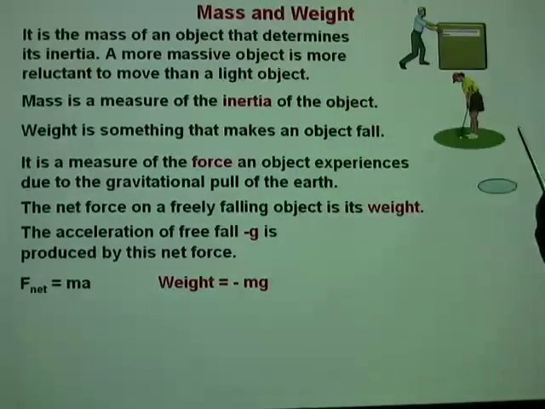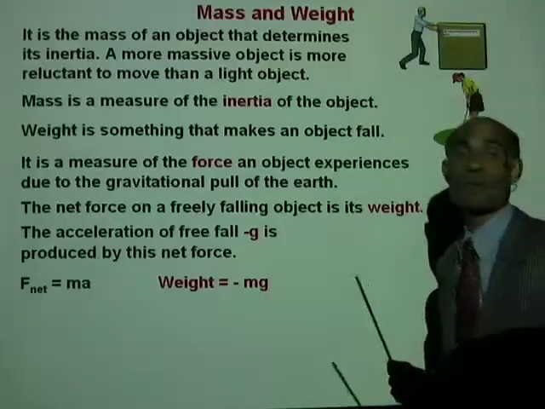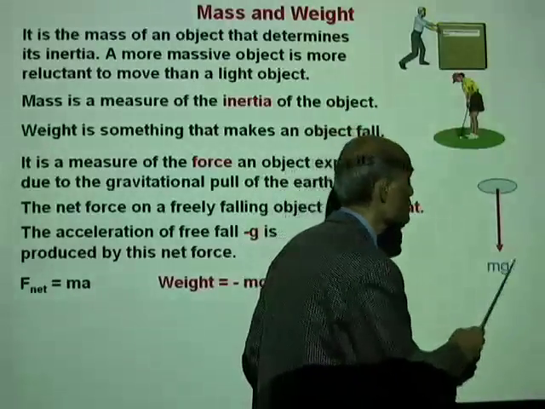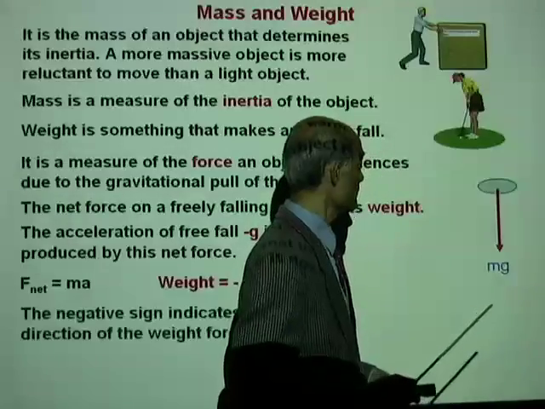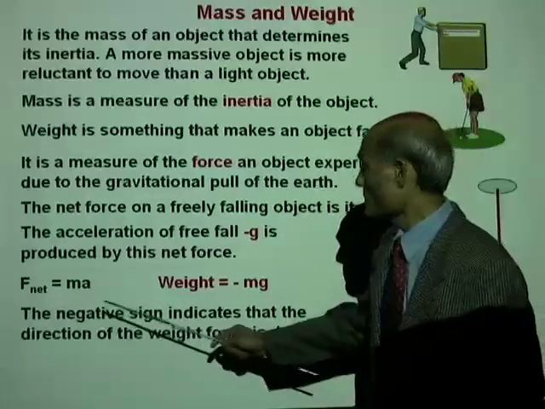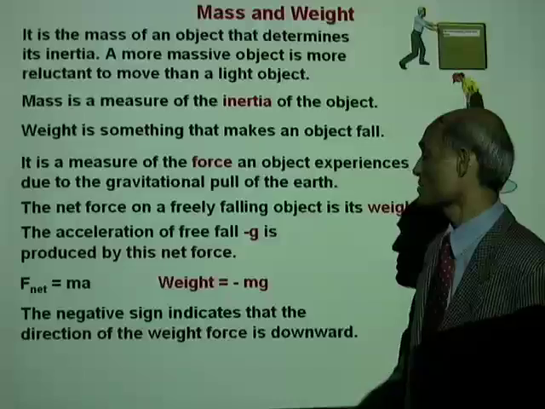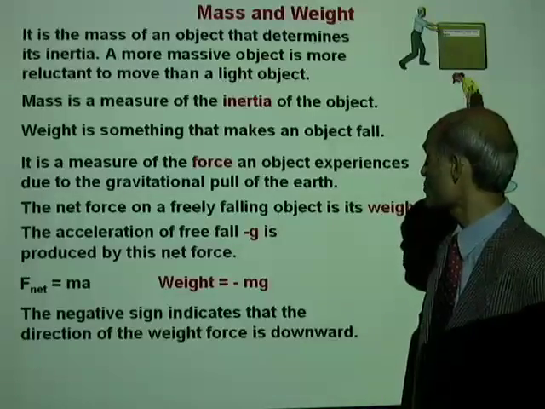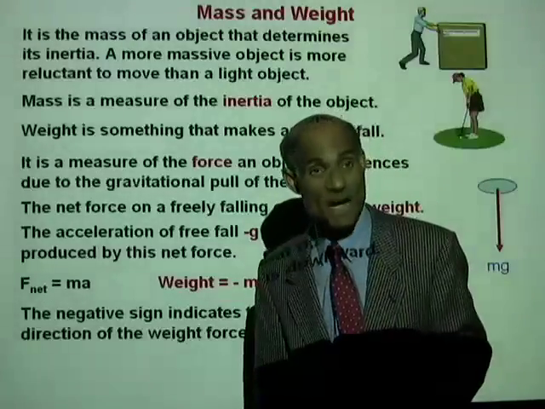So here, when it falls under the action of that net force, which is m times g, the negative sign indicates that the direction of the weight, the force, is downward.